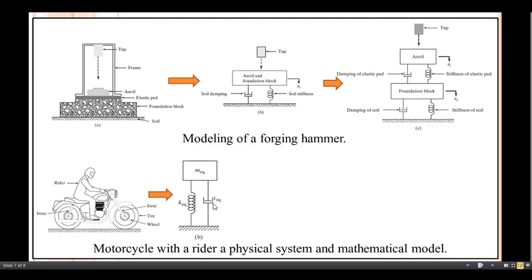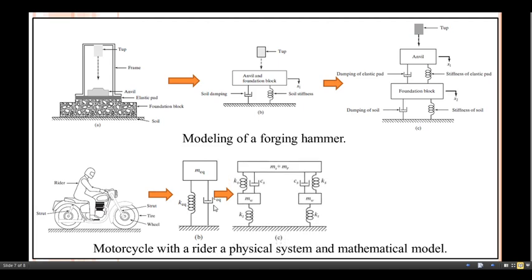C indicates the equivalent damping coefficient of all the resistances in the motion. Now this is nothing but the initial approximation, where we consider only a spring, mass and damper system.